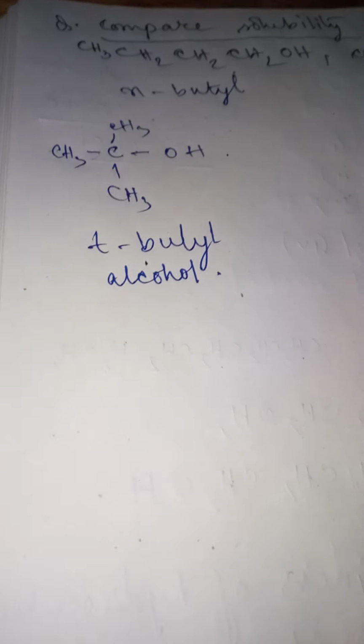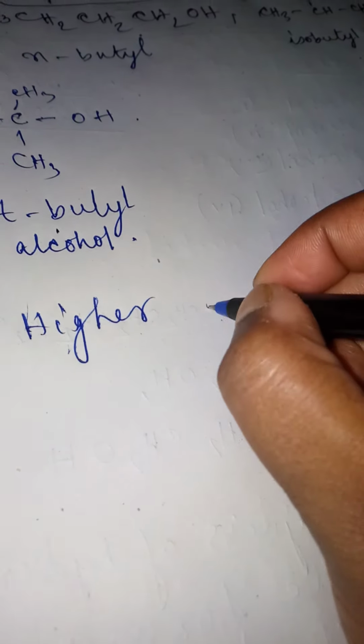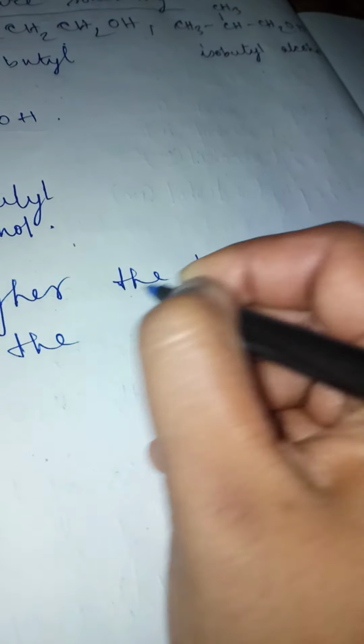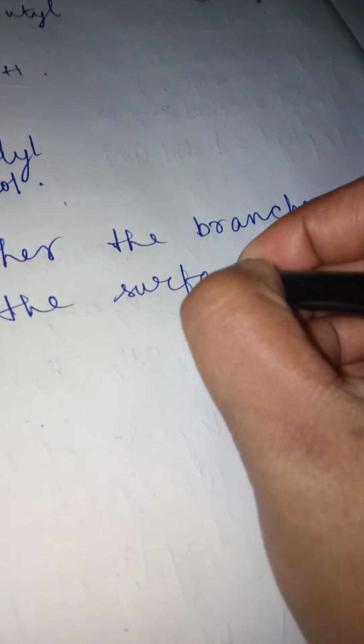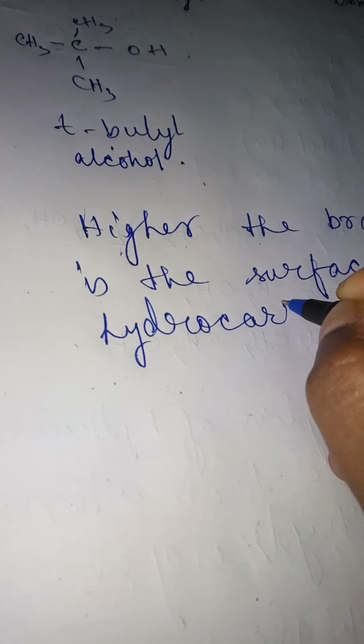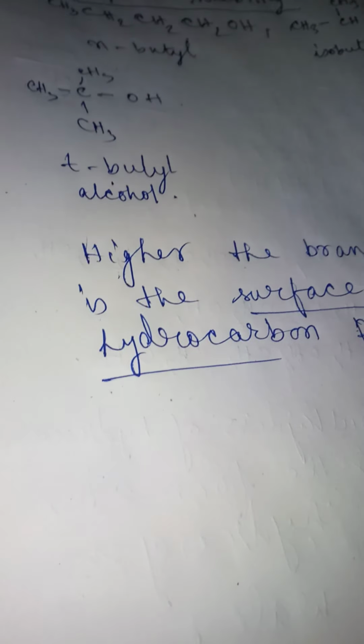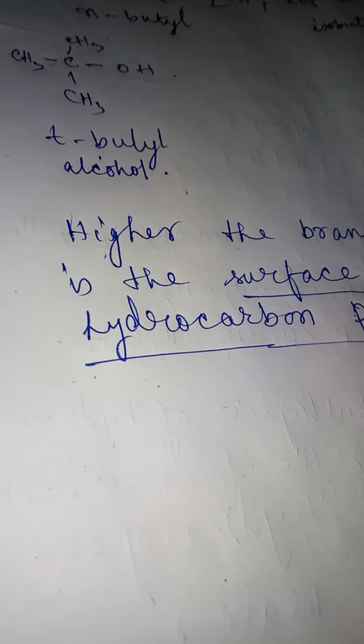But here, higher the branches, lower is the surface area of the hydrocarbon part, and surface area of the hydrocarbon part decreases means what?